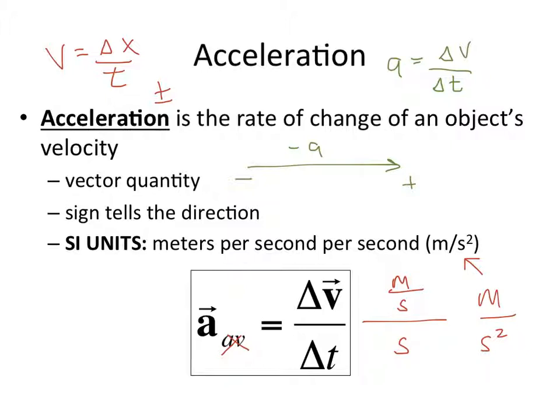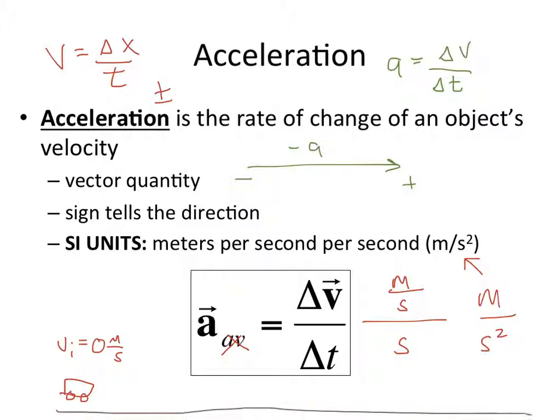For example, if I have a car right down here at the bottom, a very horribly drawn car, it's going to start at rest. All right, so its initial velocity is 0 meters per second. But it's going to accelerate. All right, and here's the ground right there. And so somewhere down the line, it is going at 1 meter per second.